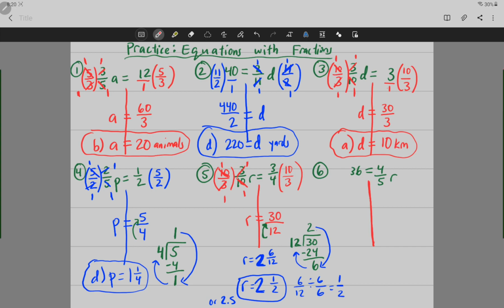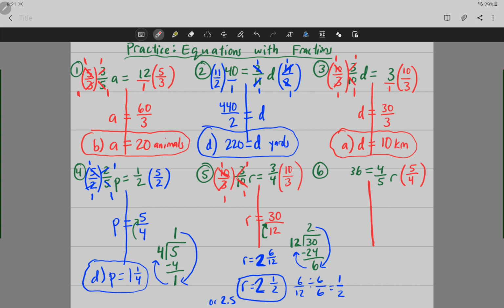It says 4 over 5, or 4 divided by 5. So I undo division by using the inverse operation, which is the opposite of division, multiplying. And again, to get rid of our fraction, we multiply by the reciprocal. So I flip it upside down. Instead of 4 over 5, it becomes 5 over 4.